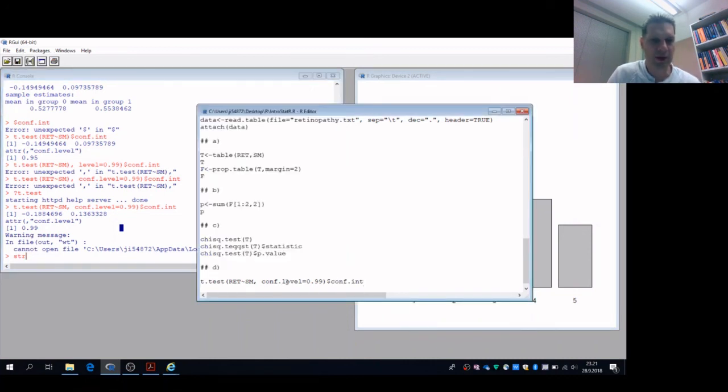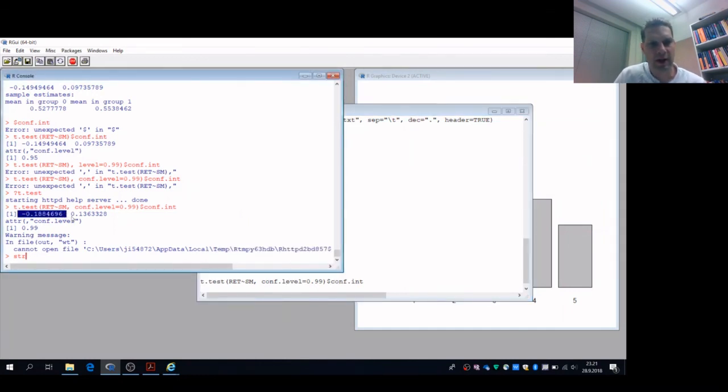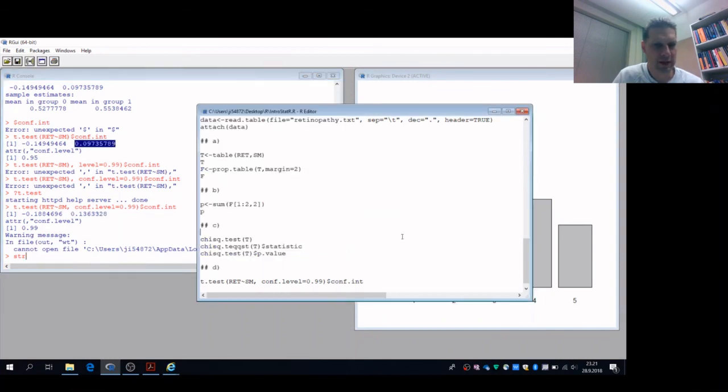So we could write it in this way, and this increases the confidence interval, and that's why the lower bound for this confidence interval is an even smaller number than in the case of 95%, and the upper limit is also bigger than in the case of 95%. So if we go back to what was asked here, then we could put it in this way.